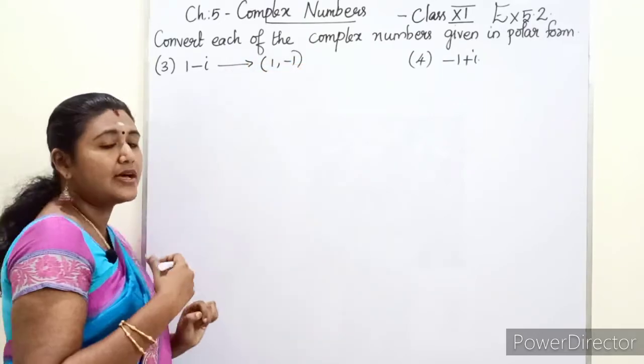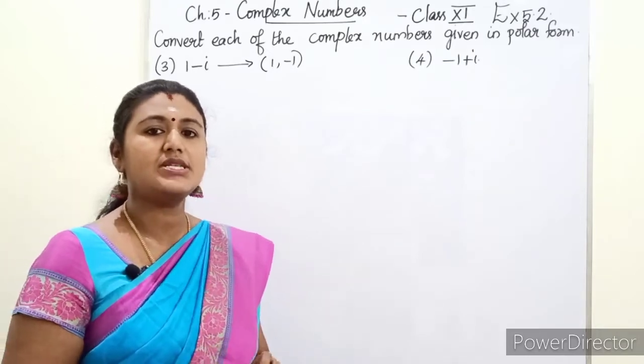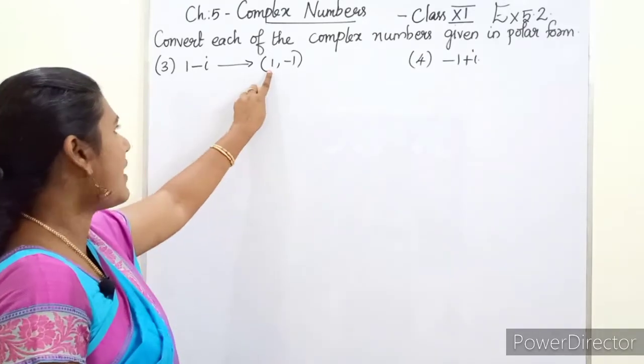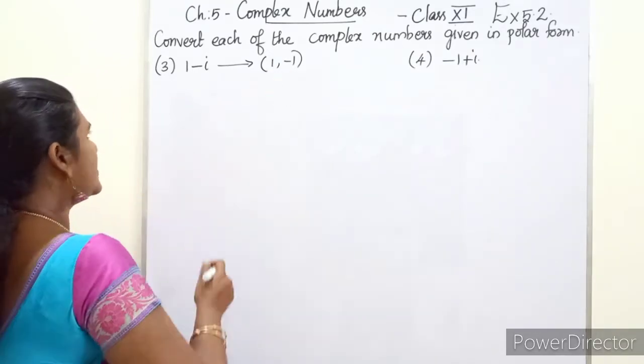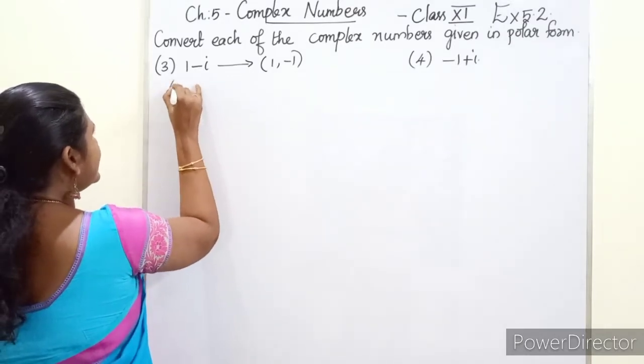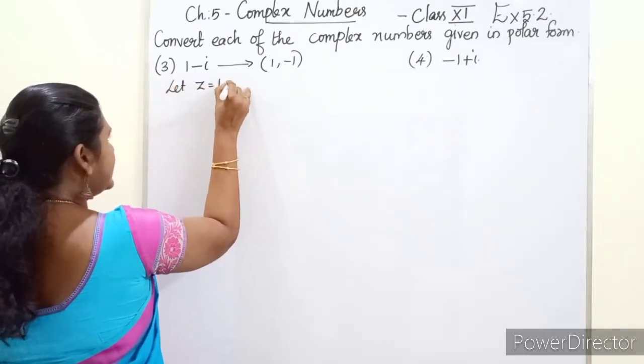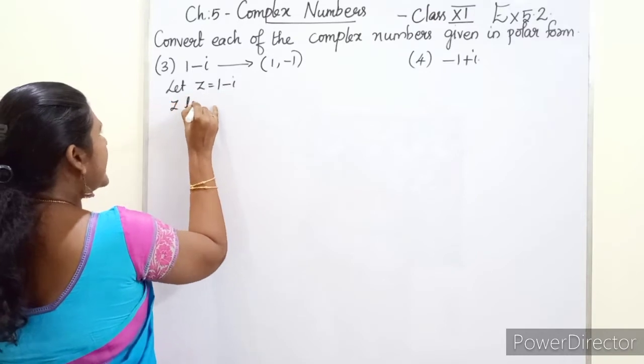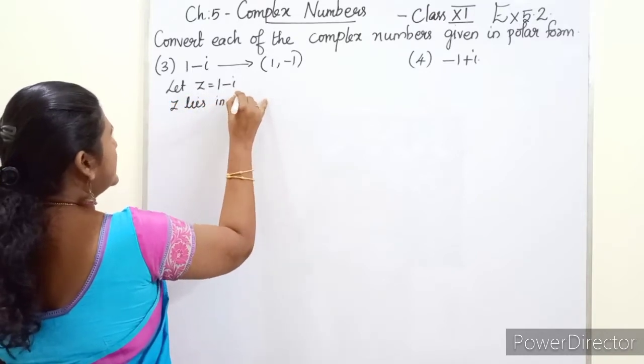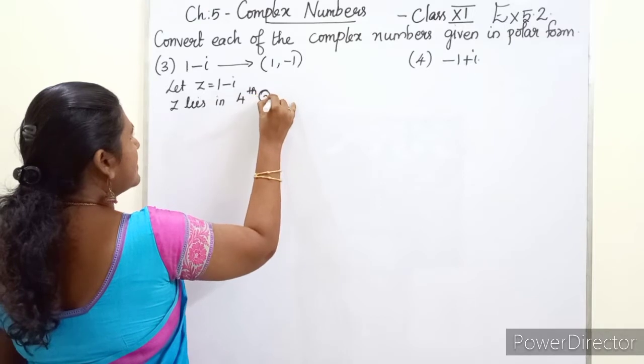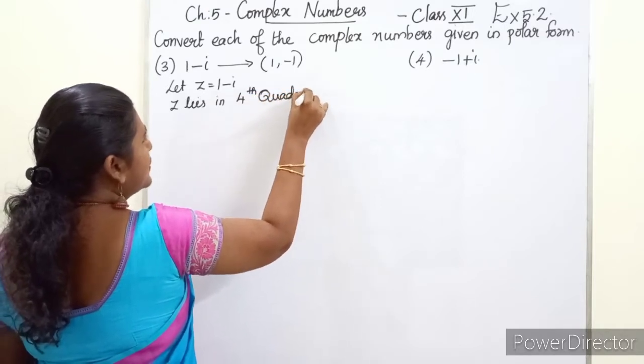From this ordered pair, we can decide the quadrant in which the complex number lies. So x is positive and y is negative. So if you take this complex number as Z, then Z lies in the fourth quadrant.